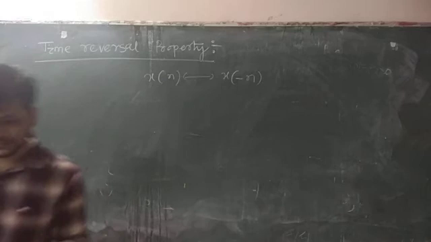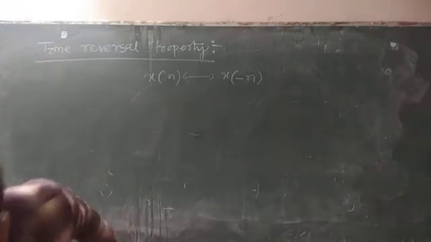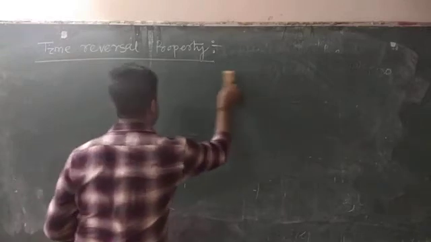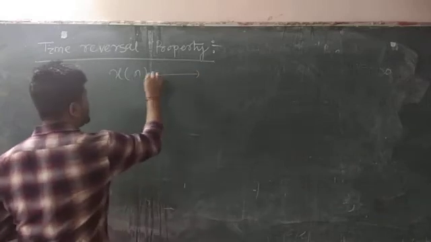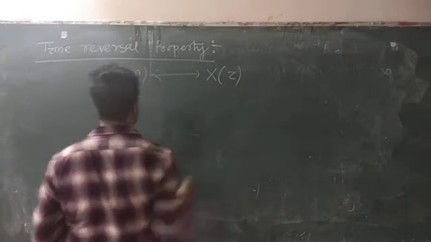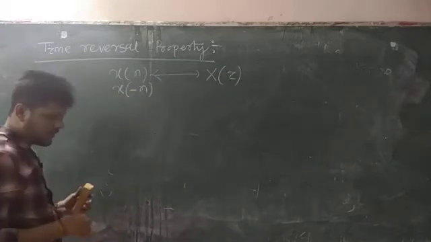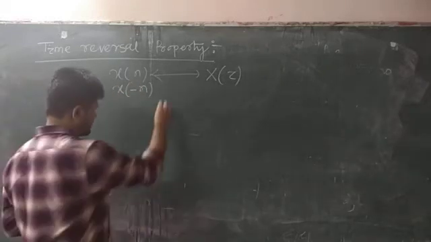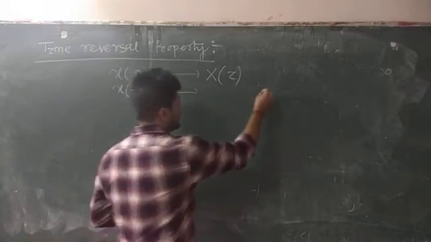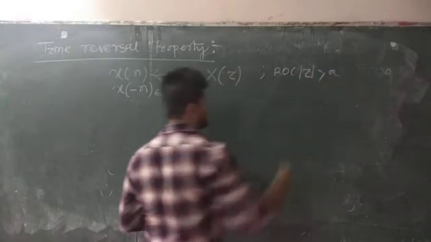Suppose a signal x of n is given and its Z transform is X of z, with a region of convergence, for example mod z greater than mod a. The region of convergence can be anything.